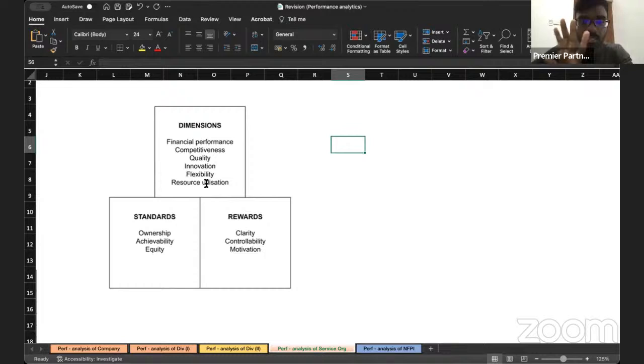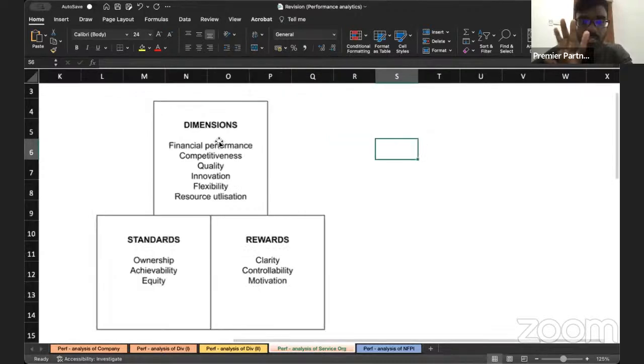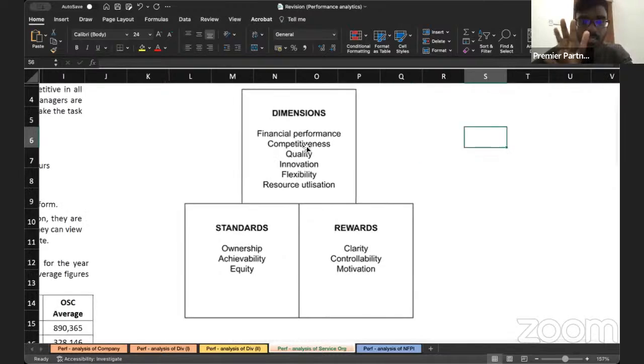Now you don't have to go to the note. When you say financial performance, every company, at the end of the day, needs profits. So one of the critical success factors is your financial performance. Very simple. Number two, competitiveness. Think about PPIM. We are competing with so many other rivals in the market.